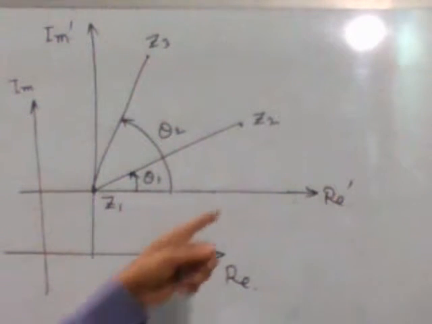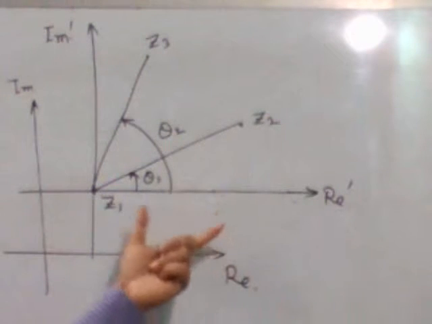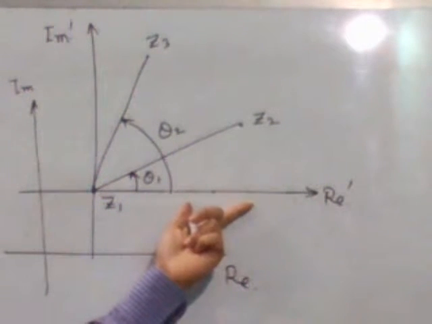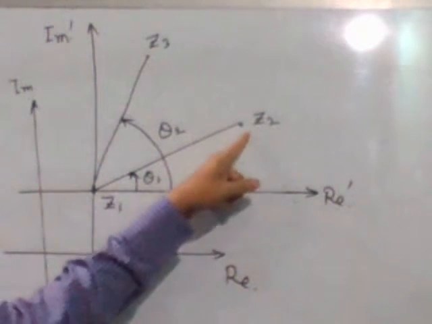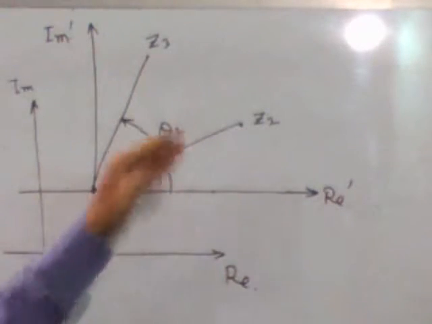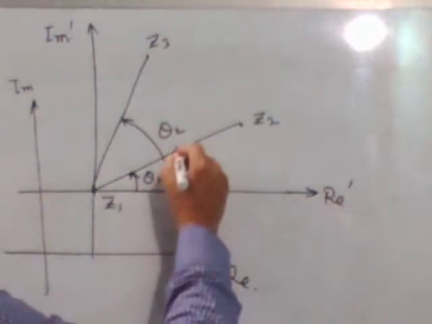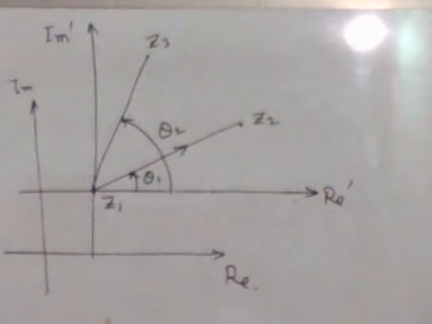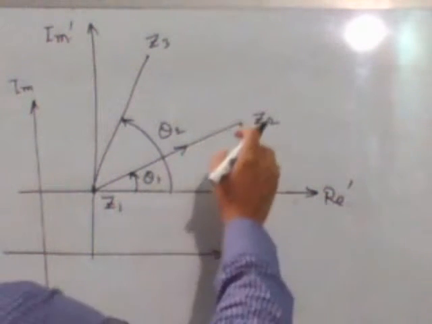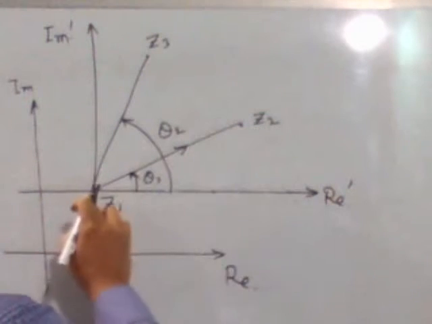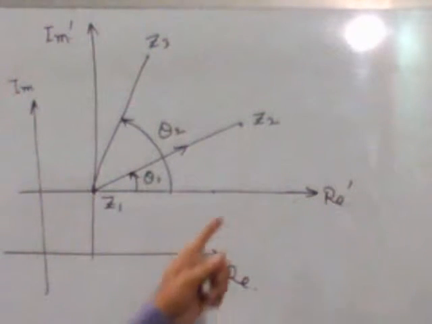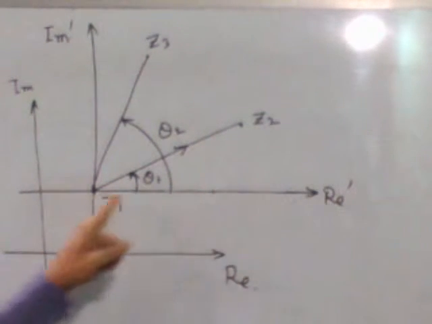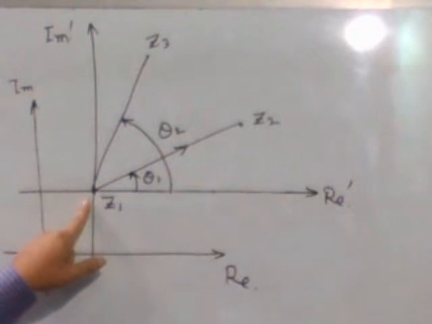Now we can write Z2 with respect to this reference frame. Actually this is a vector, so the vector Z1 Z2, the equation of this vector will be position vector of this point minus position vector of this point. So position vector of this point is Z2, position vector of this point is Z1.